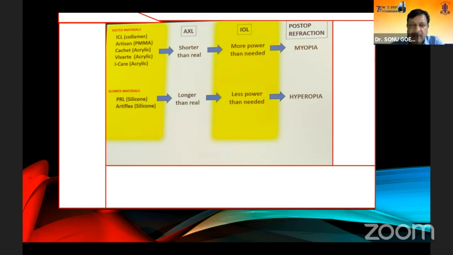That means more power is required, and there is always a postoperative myopic refractive error. As compared to that, if you have a silicone material inside the eye, the axial length calculated is slightly longer than the real, hence less power is required, and you end up with a hyperopic shift.